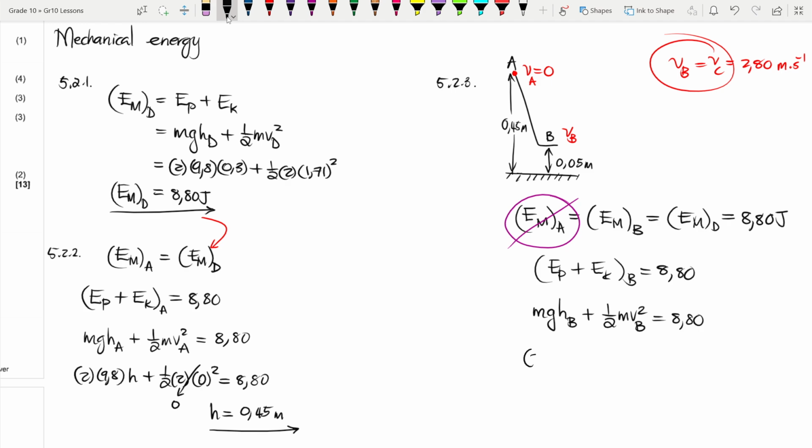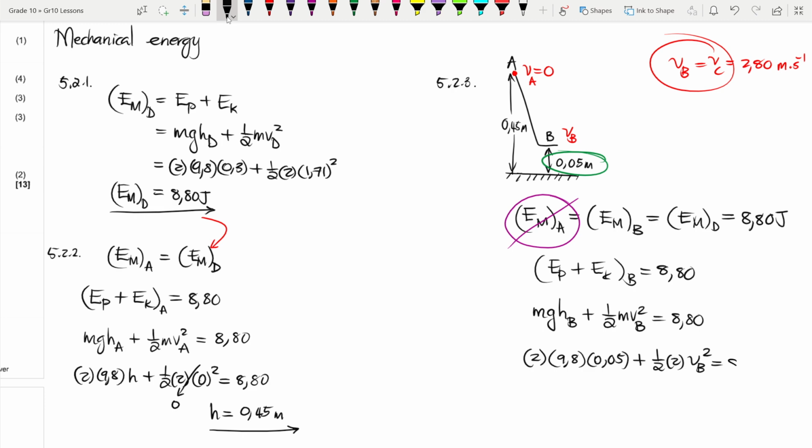The mass is 2. The g is 9,8. H at B is from the ground to B, so it's this value, 0,05 meters, plus half of 2, and then the speed at B is what you're looking for, VB squared.